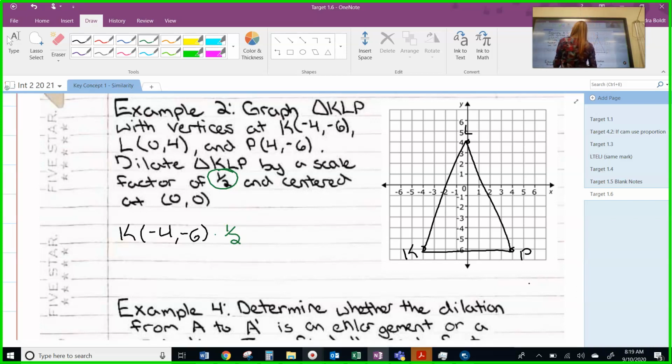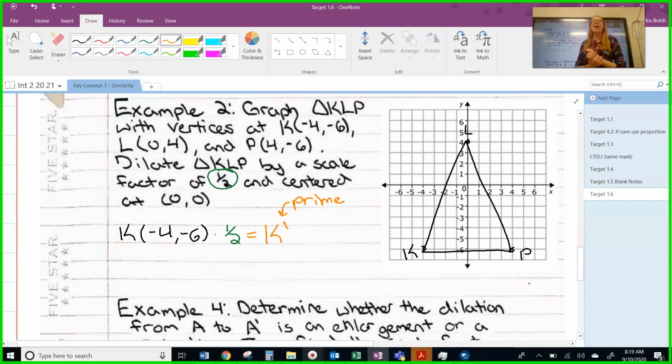And how we multiply a point by a scale factor is, well, we get a new letter, we call that little apostrophe prime.